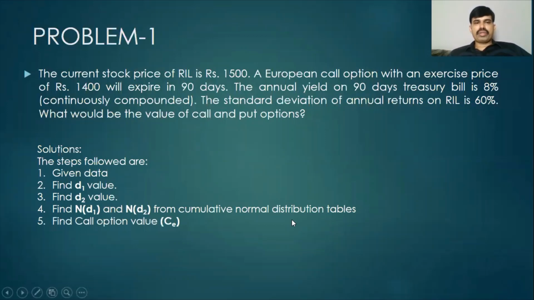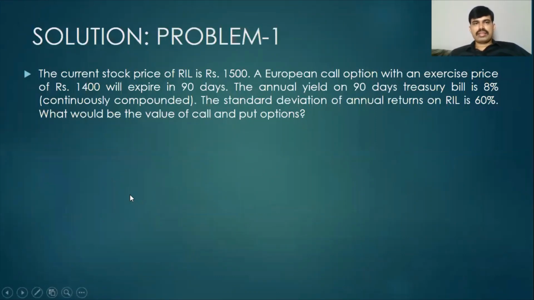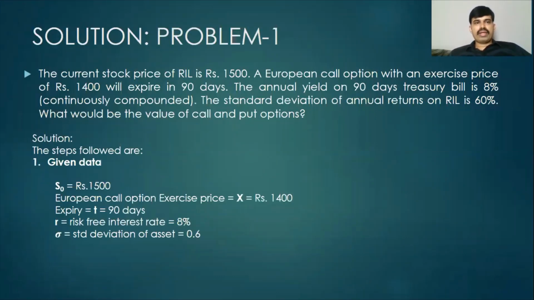And then we will find the value of the call option as well as the put option. Remember, the put option value can be found by using the formula from the Black-Scholes model or by using the put-call parity relationship, where the value of the put option is in turn related to the value of the call option. So consider the first step, wherein we have to note down what is given.